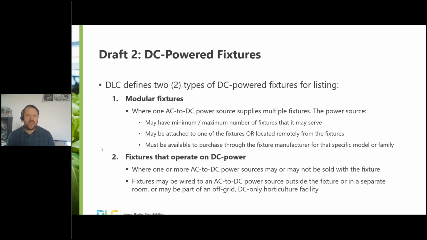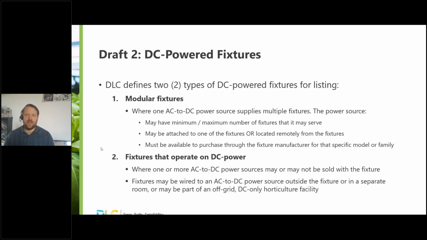We're not going to cover these in depth, but the highlight takeaway here is that some DC fixtures that we're seeing have a very specific modularity with a given AC to DC power source, but some don't. So we have a distinction, and often if you read the DC section, you have to consider that it's taking rules into account for both fixtures with and without power supplies.